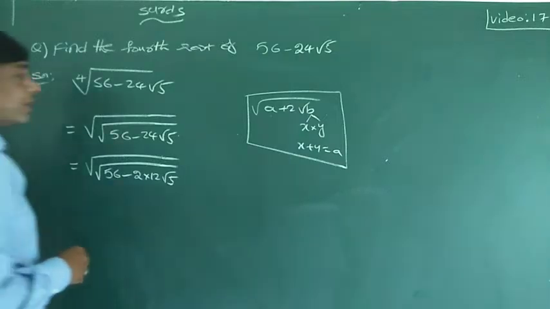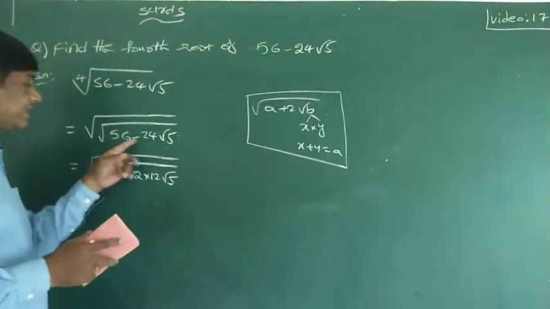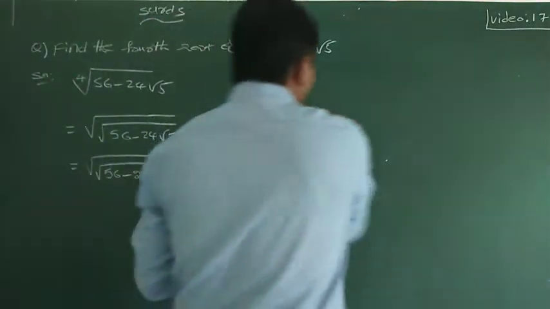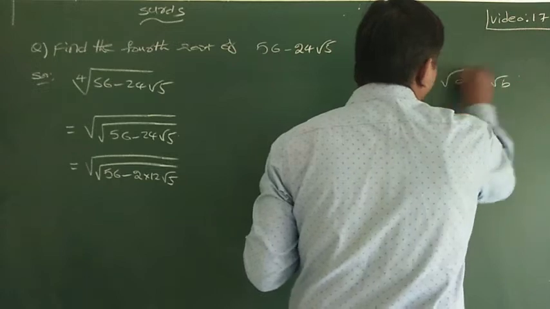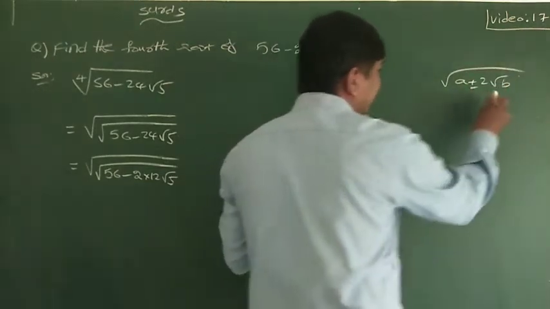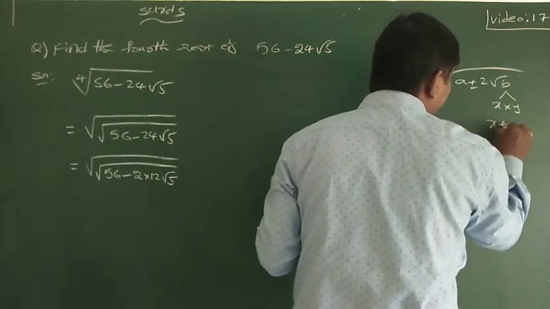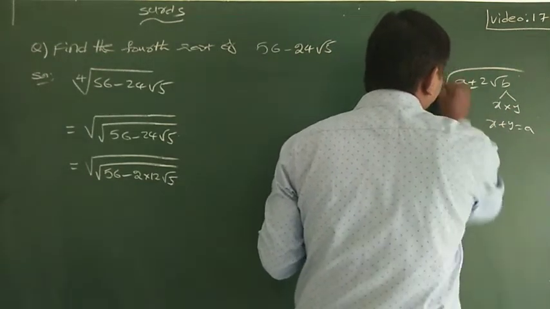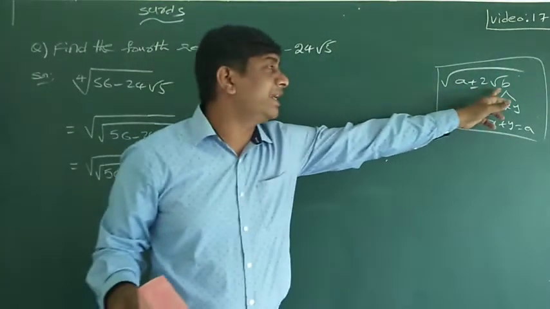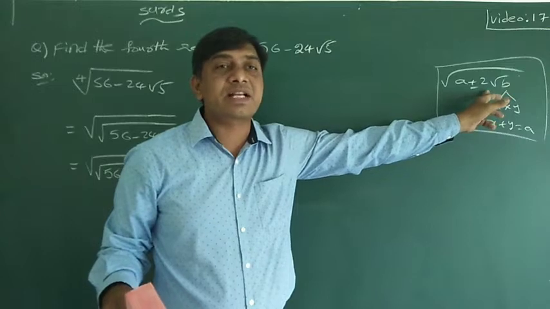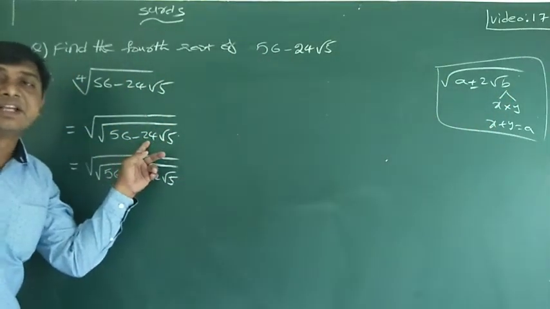So, square root of 56 minus 24 root 5. What do I know then? a plus 2 root b, either a plus or a minus, whatever it is. If the radicand b has factors x into y, with x plus y equal to a, then it is applicable. So to get the square root, I need 2 as the rational factor inside, but here the rational factor given is 24.